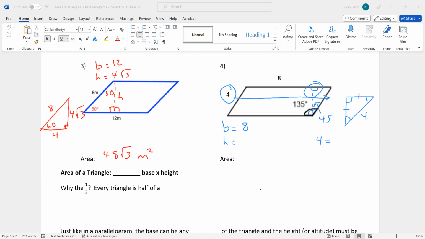We're looking for the leg, call it x, and then the hypotenuse is square root of 2 times x, so we're going to divide by radical 2. So 4 radical 2 over 2, which reduces to 2 radical 2. That's the height. Now I'm going to multiply those two things together. I'm going to get 16 radical 2. There's no label, so I'm going to write units squared.